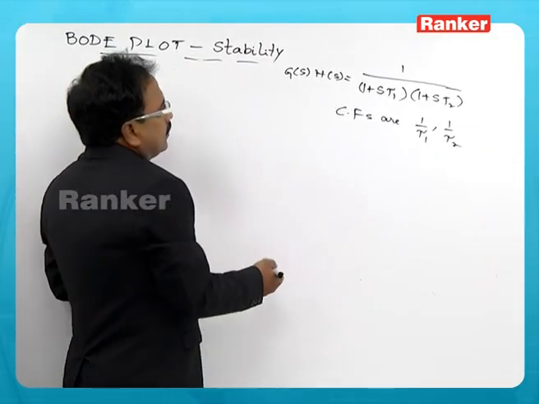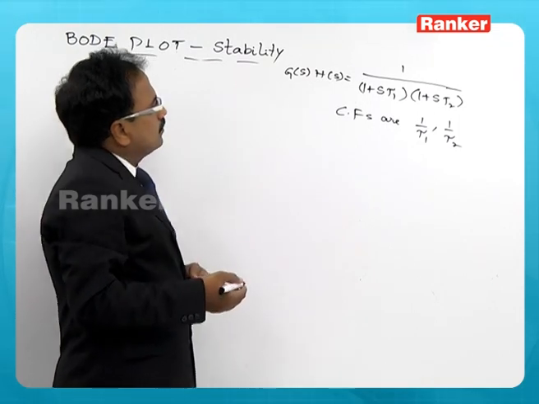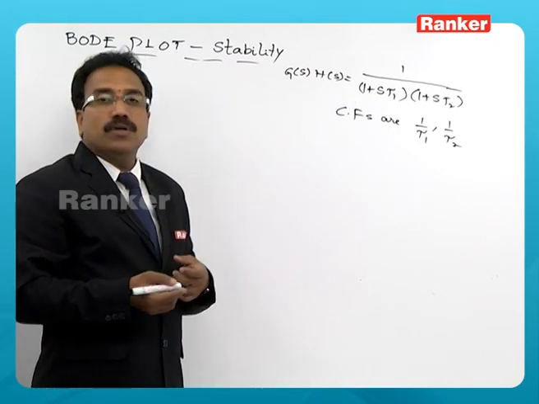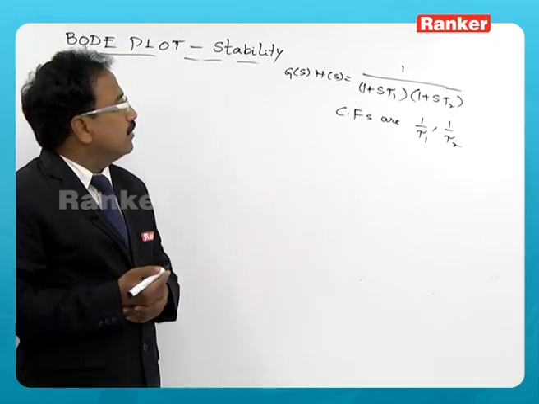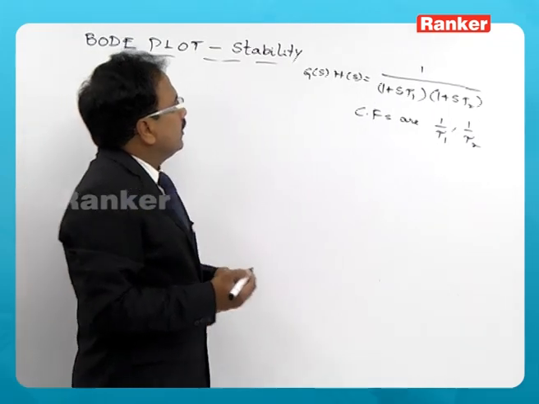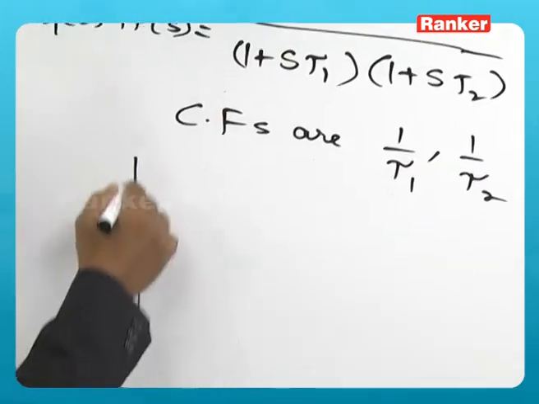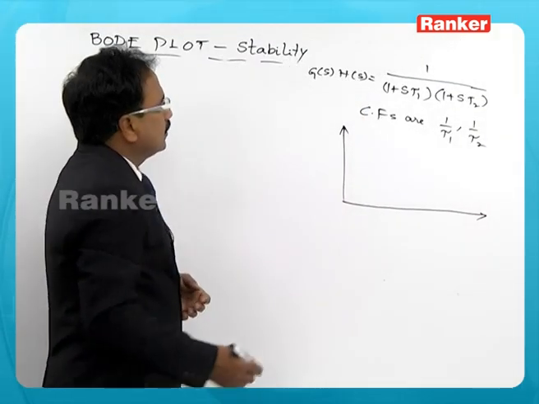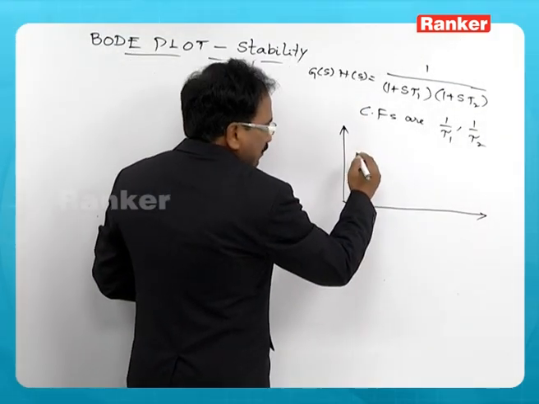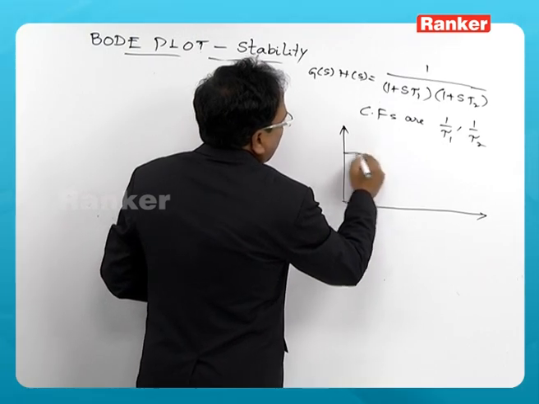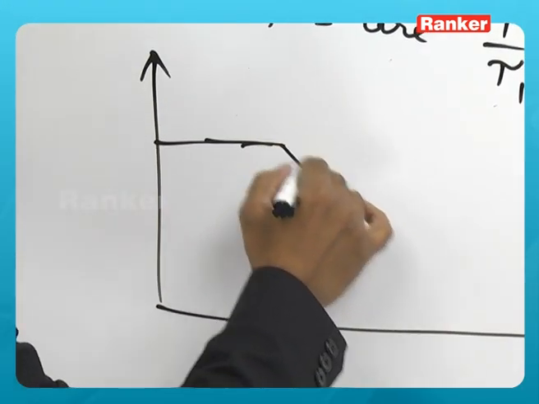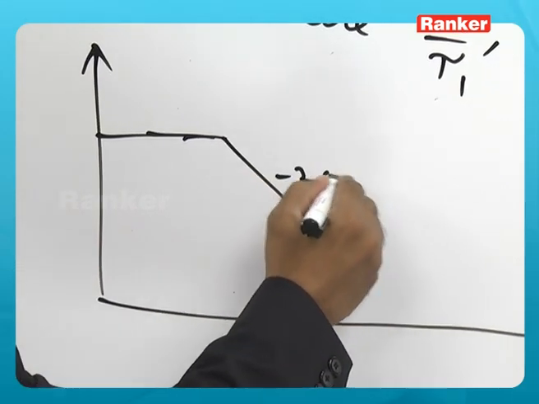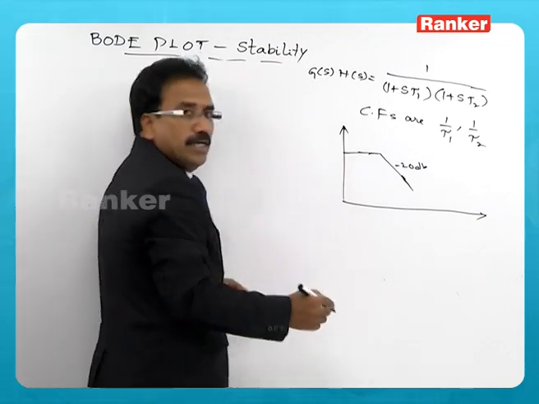So, the plot is like that of a pole. Every pole has a slope of minus 20 dB per decade, and the magnitude plot for this actually starts having a slope of minus 20 dB per decade.